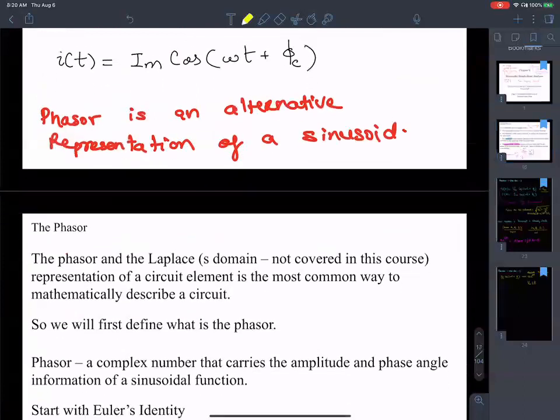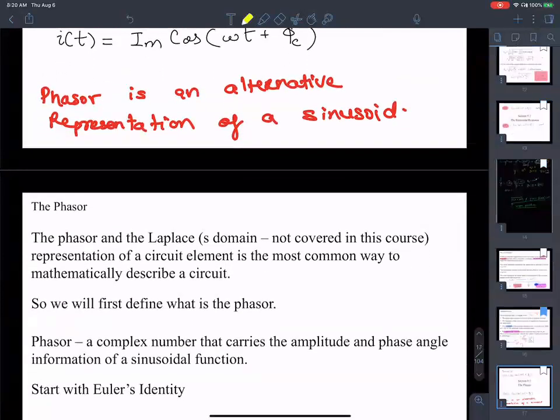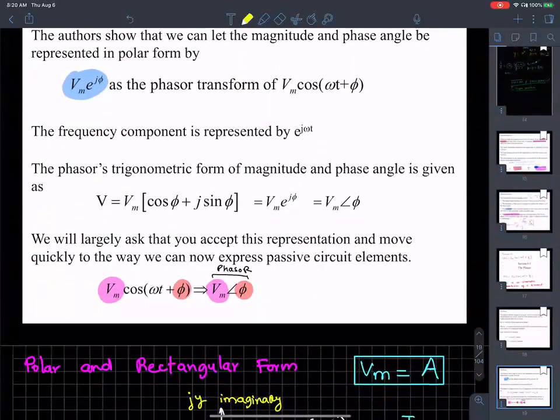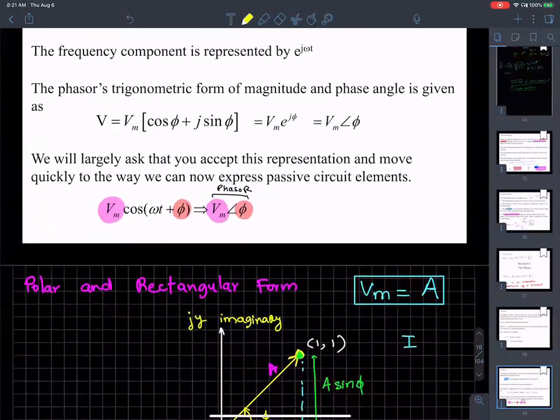We're going to come back to this because it's very convenient to express our sinusoids in phasor form, because it's much easier to do a lot of arithmetic there.